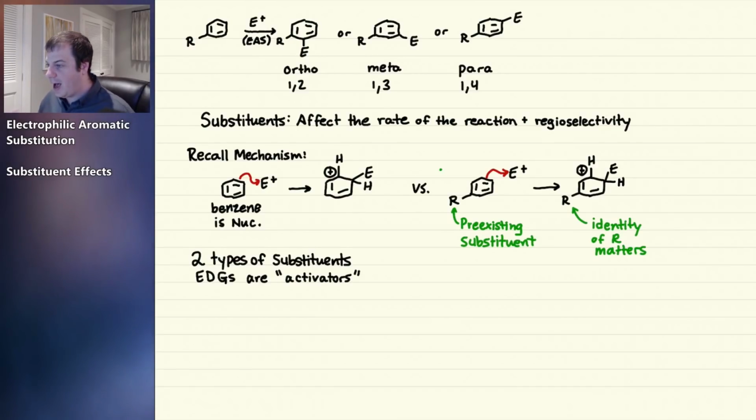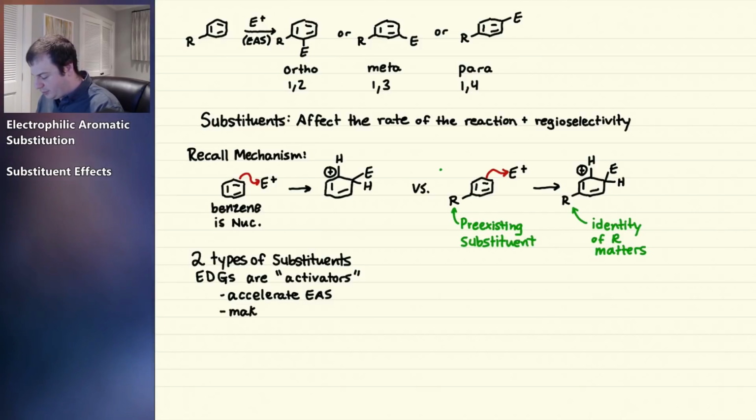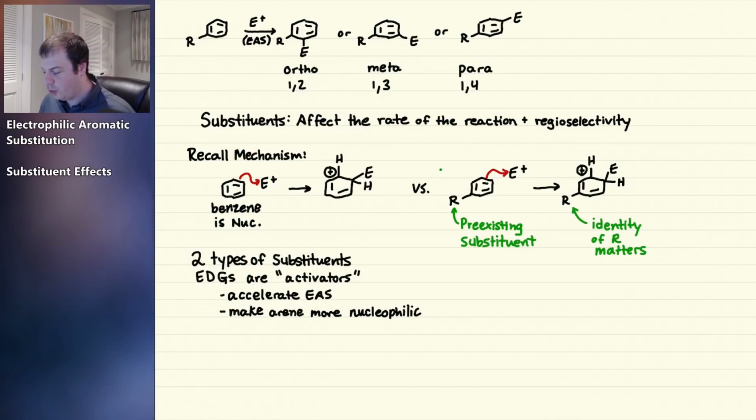Electron donating groups activate the benzene ring towards electrophilic aromatic substitution. They accelerate the rate. They also make the arene more nucleophilic by adding electron density. On the other hand, we also have electron withdrawing groups.